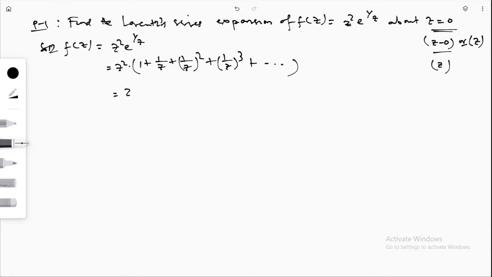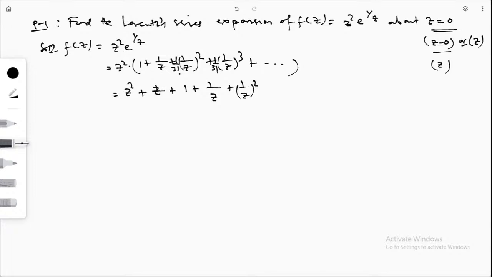If I multiply this by z square, I will get z square, then z to the power 1, then 1, then 1 by z, then 1 by z square, whatever it may be. Sorry. There, this is 1 by z, this is 1 by 2 factorial into this one, 1 by 3 factorial into this one, like this.